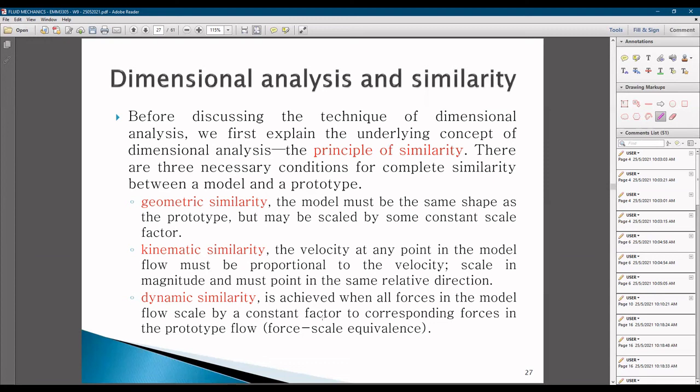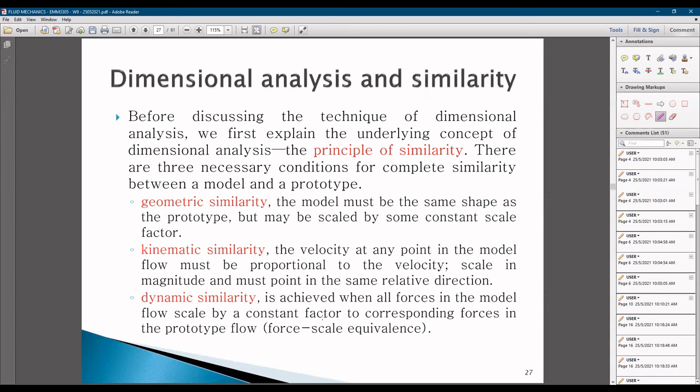And therefore, what you can do is basically reduce the size and make a scale model of it. You scale it down to a certain size where it is possible for you to fit in the wind tunnel.